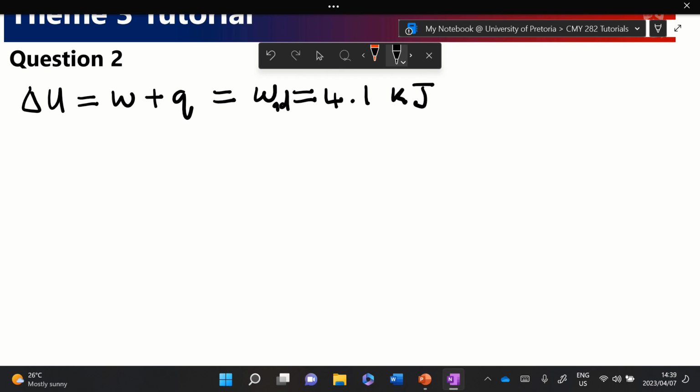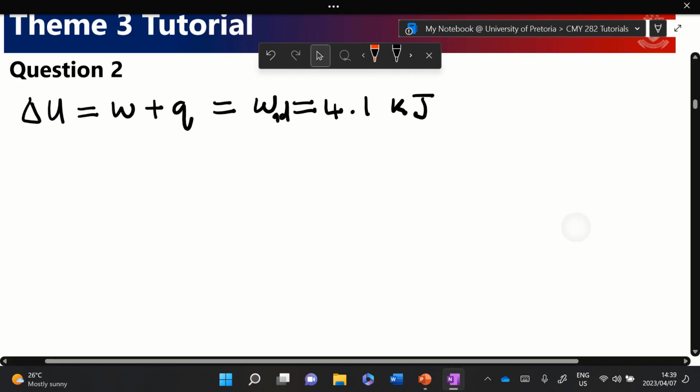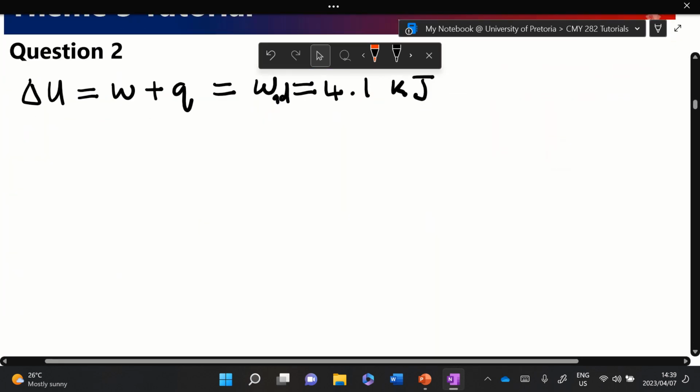So anyway, what are we left to calculate? It's the enthalpy. For enthalpy, we can do one of 2 things.